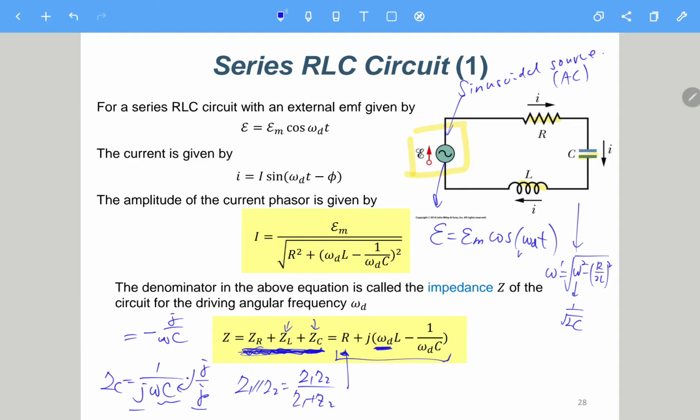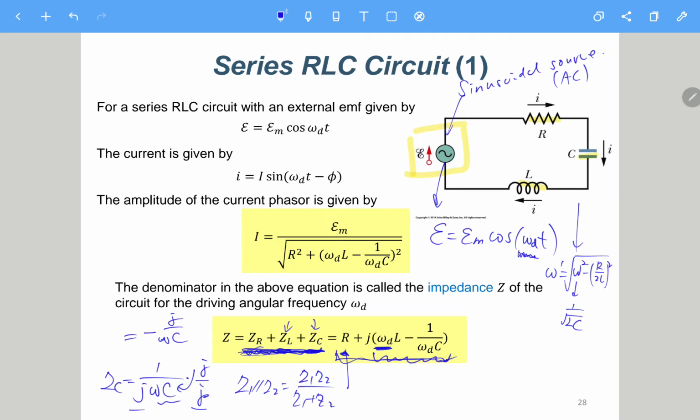Here, this omega_d can be an arbitrary number, and different omega_d will make the impedance different.